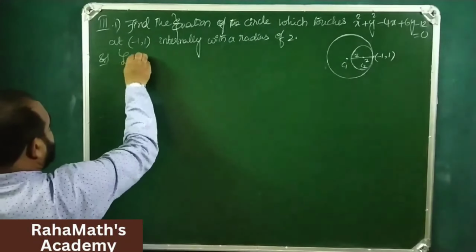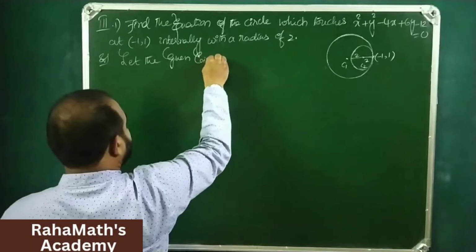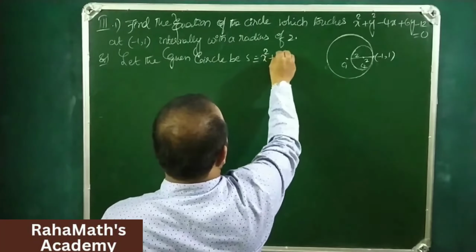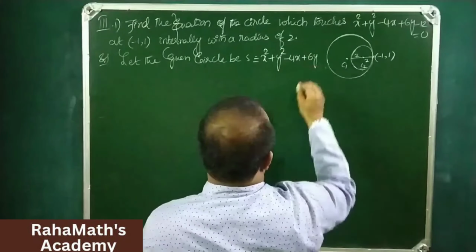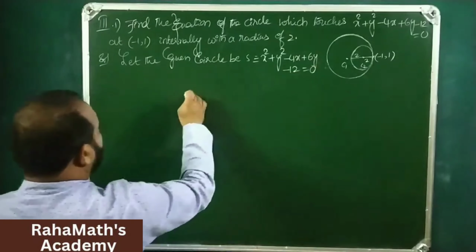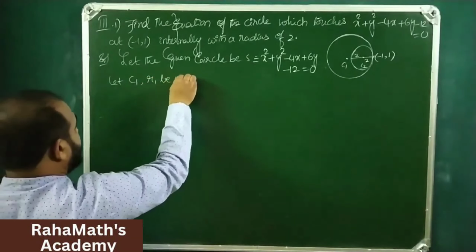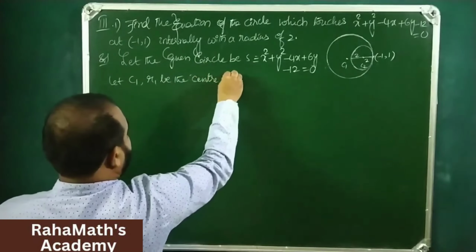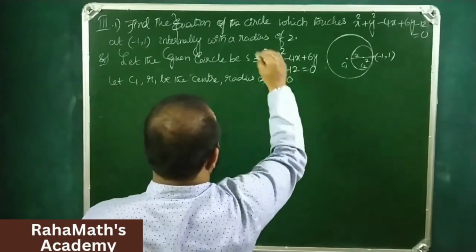let the given circle be x square plus y square minus 4x plus 6y minus 12 equals to 0. So let C1 comma R1 be the center comma radius of the given circle S equals to 0.